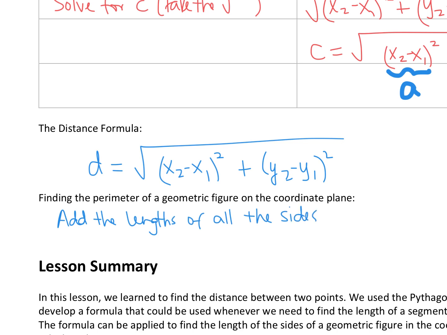And if any of the sides are slanted, make sure you use Pythagorean's theorem to find them. So I'm going to say slanted sides: use Pythagorean's theorem, also known as the distance formula.